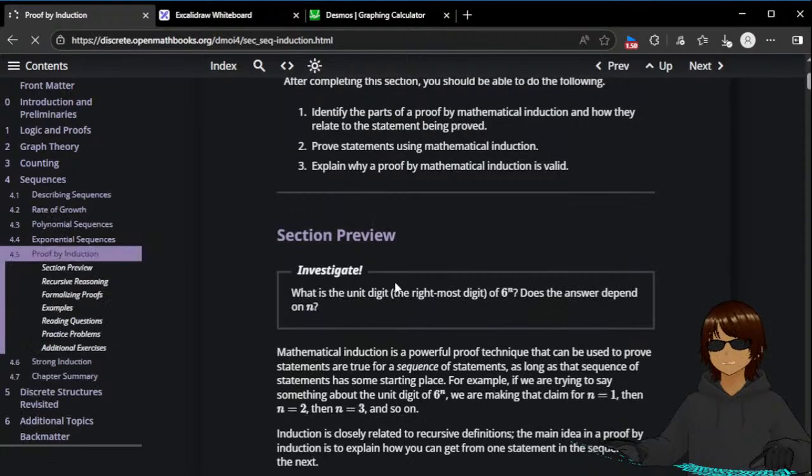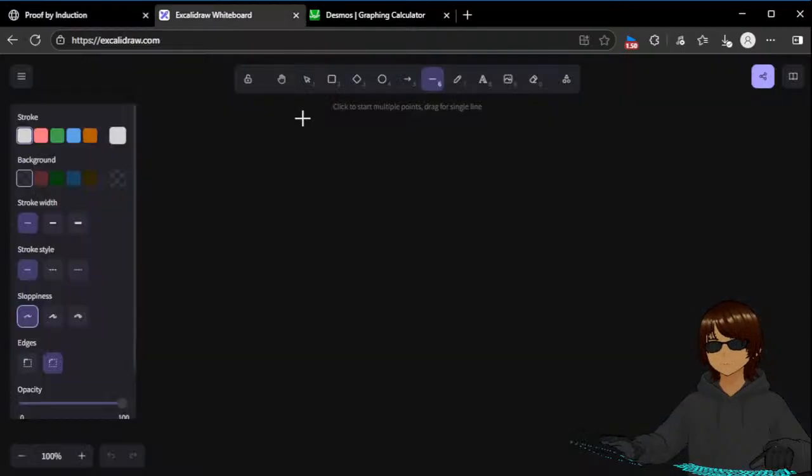What is the unit digit of 6 to the power of n? Does your answer depend on n? Hold on. Unit digit.